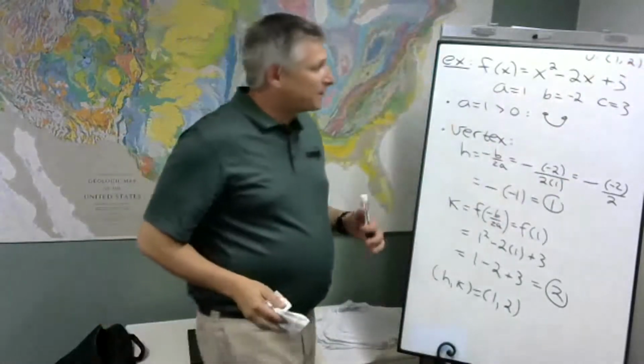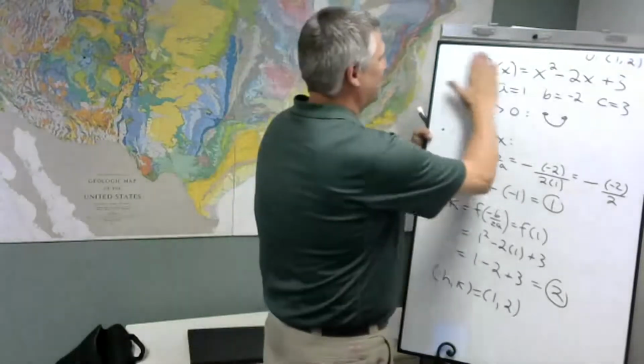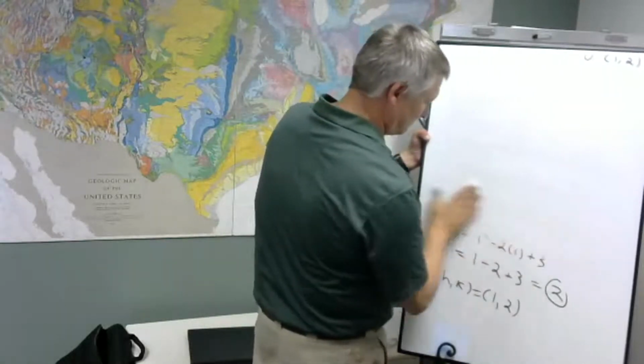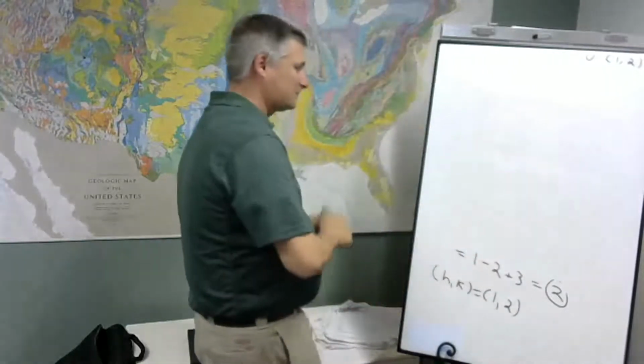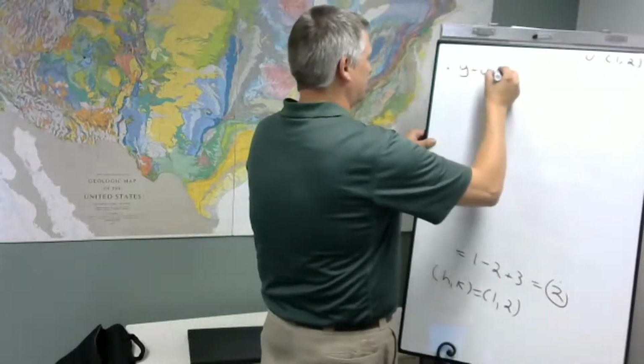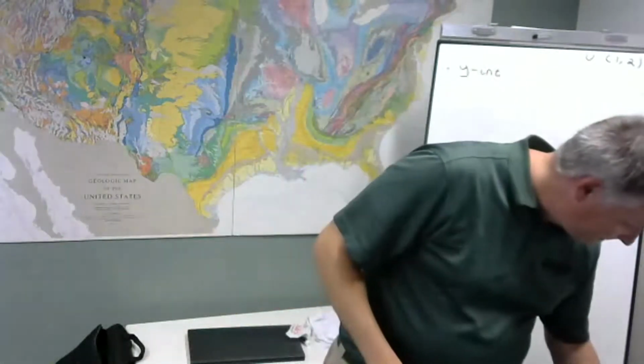So that's our vertex. Let's look for the y-intercept. Well, here we just compute f of 0.